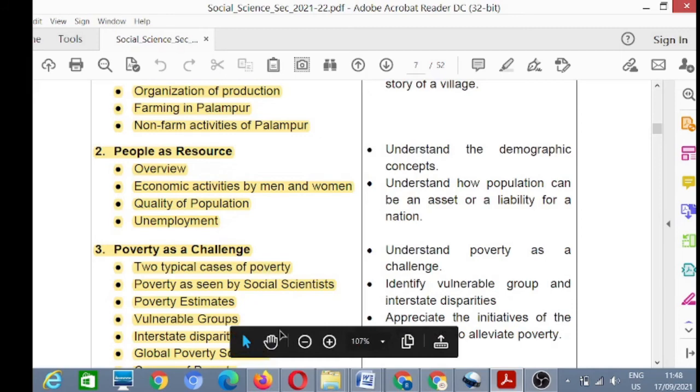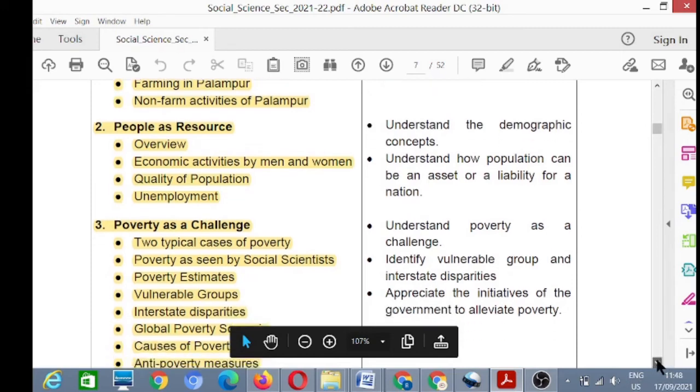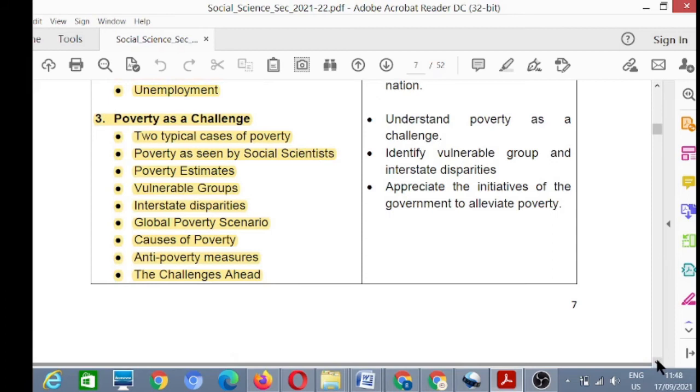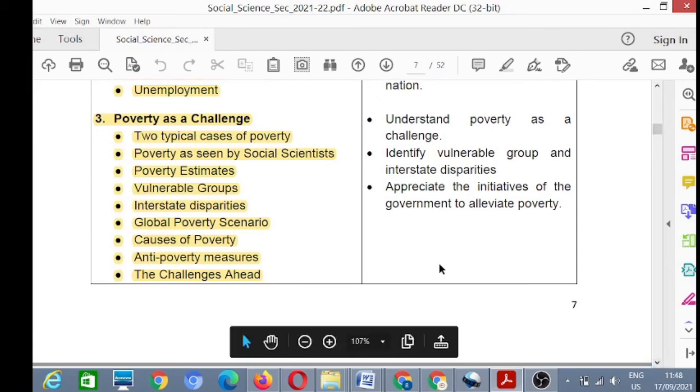Now the next chapter is poverty as a challenge. Unemployment is the main cause of poverty. So unemployment and poverty are closely related to each other.